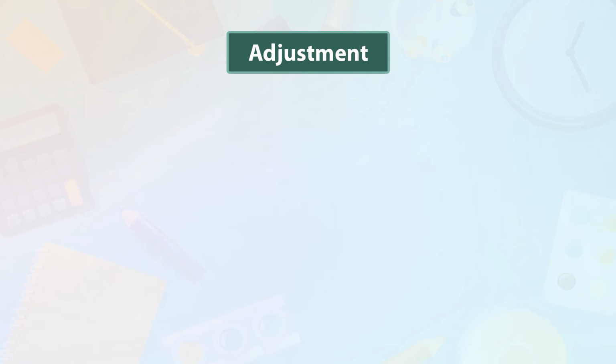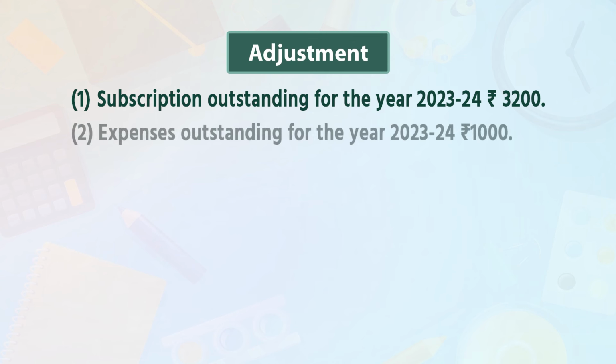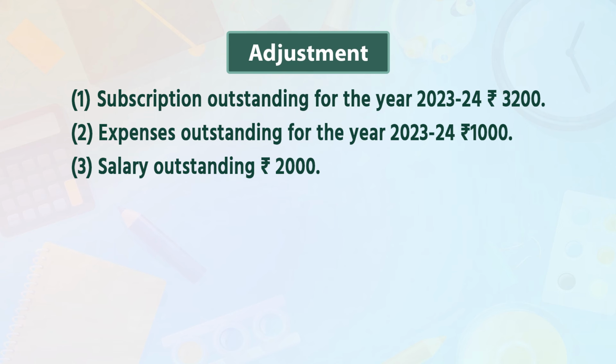Now the adjustments are: subscription outstanding for the year 23-24, that is rupees 3,200. Next adjustment, expenses outstanding for the year 23-24, rupees 1,000. Third point, salary outstanding rupees 2,000.